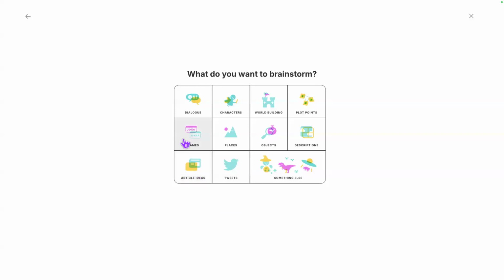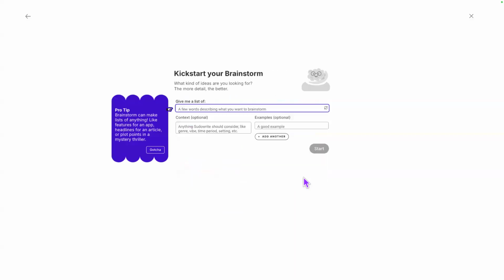Even if you don't find what you want here, you can just go with something else and get this little mask to enter stuff. And that works the same for all the different things you could generate with this.